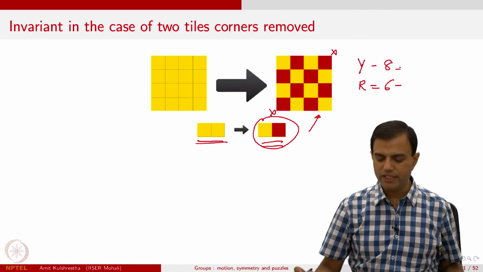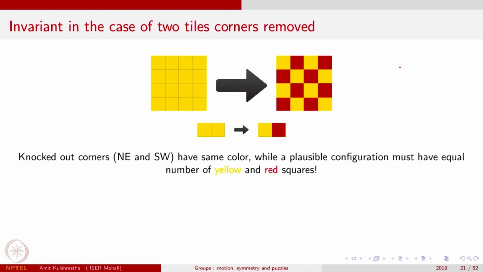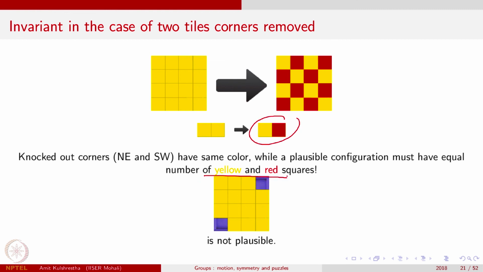All this I would say in terms of parity, in terms of some invariant. So using the concept of color, yellow and red, using the concept of parity, I have concluded that this is not plausible.